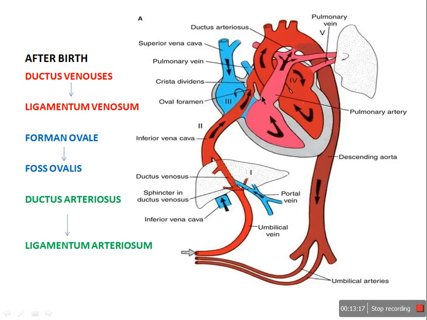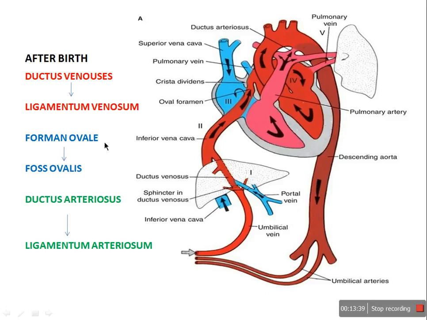So automatically the opening or the hole between the right atrium and left atrium, which I told you before was the foramen ovale, will close. After closing, the foramen ovale is called the fossa ovalis. Before it was called foramen ovale.